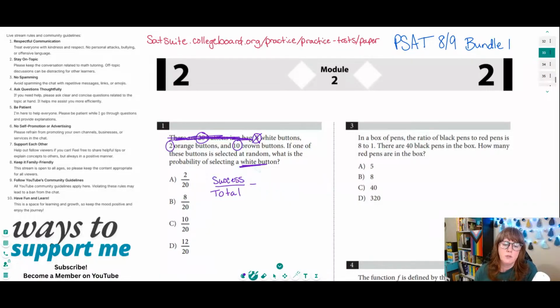But we do want to include all 20 of those in our denominator. And then what is the number for the success of selecting a white button? So we've got 8.